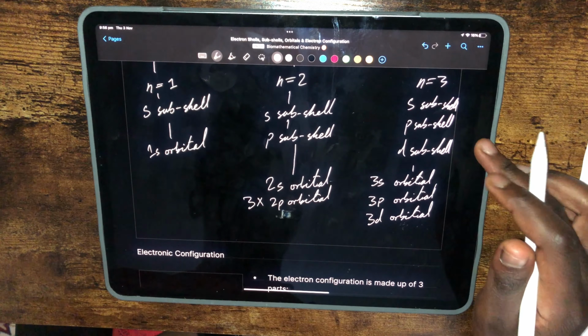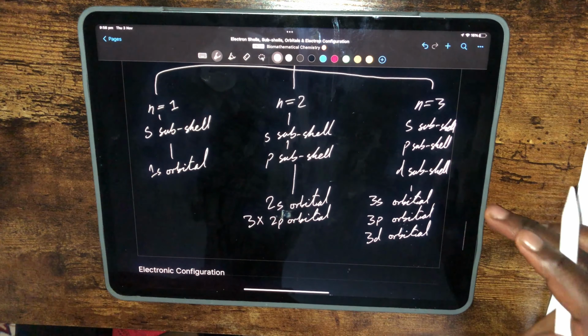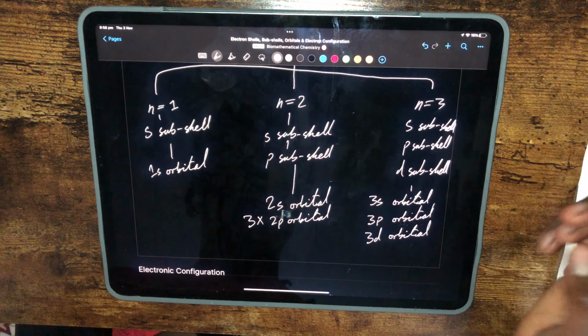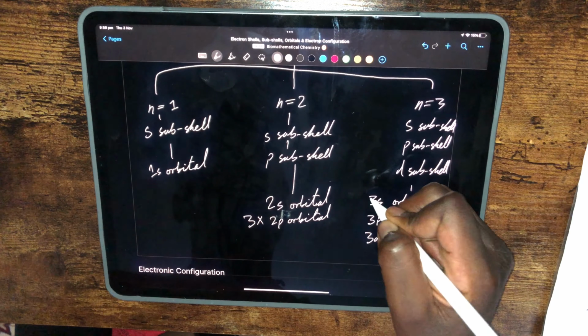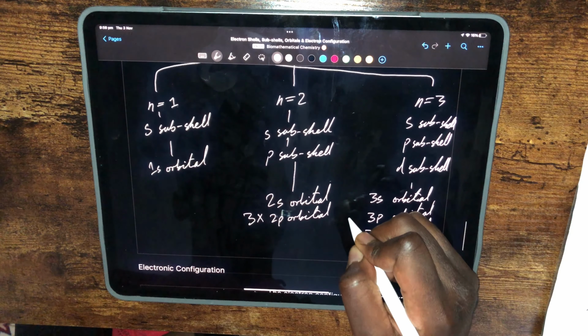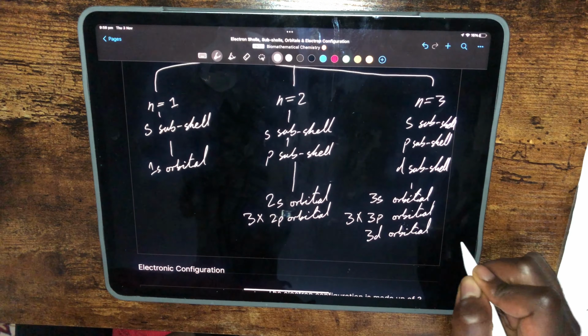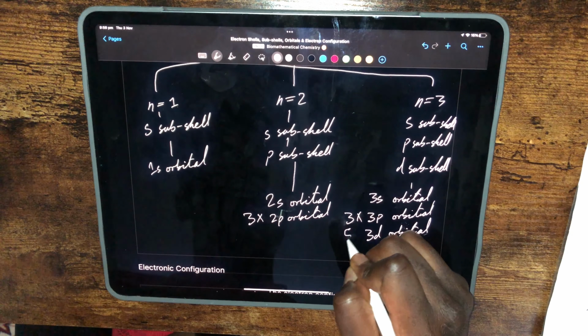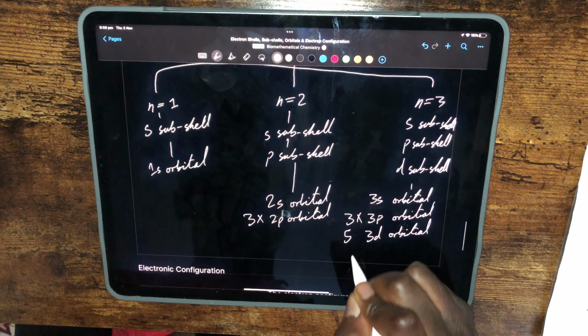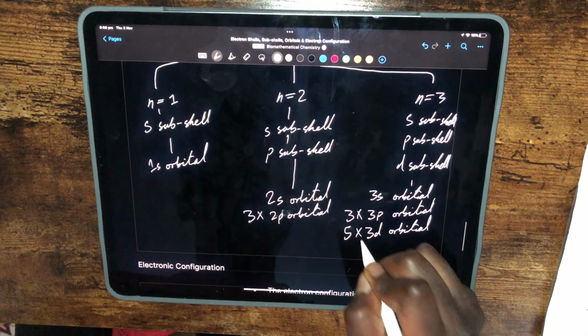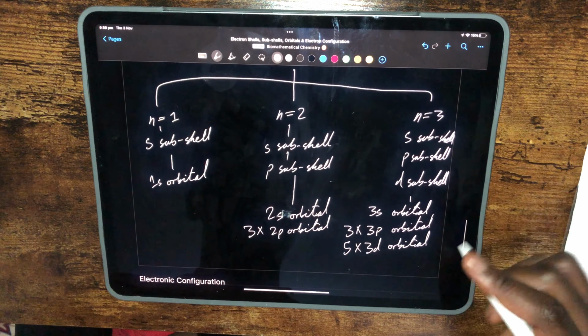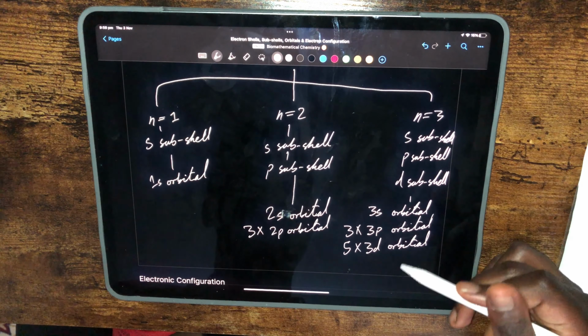In your third energy level, you have an s subshell, a p subshell, and a d subshell, which, when maximally full, will contain one 3s orbital, 3 3p orbitals, and 5 3d orbitals. So a d subshell would have 5 3d orbitals.